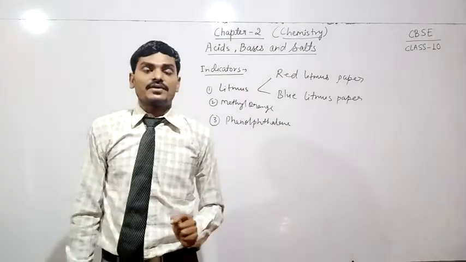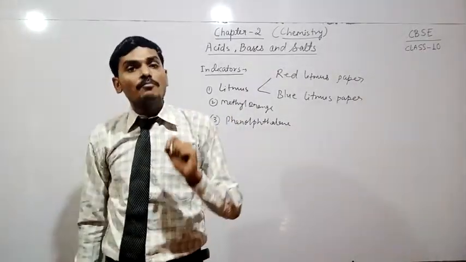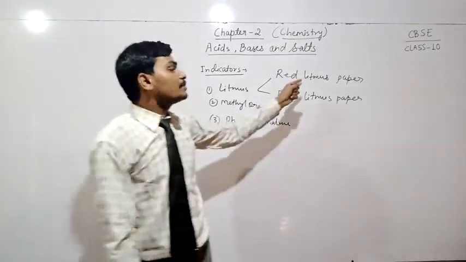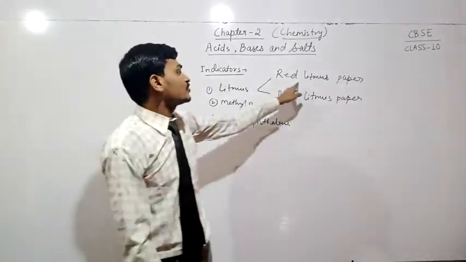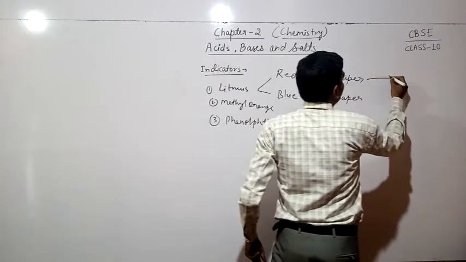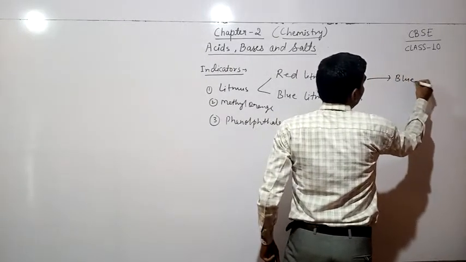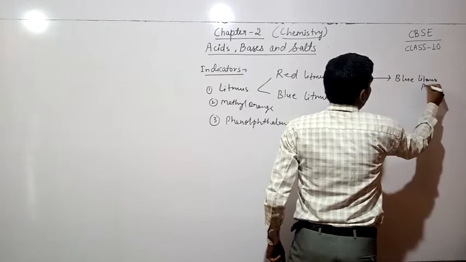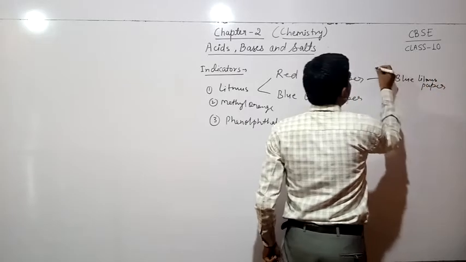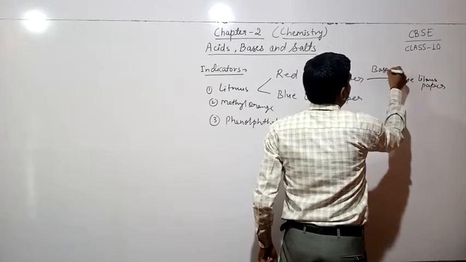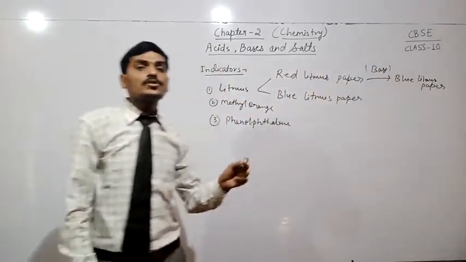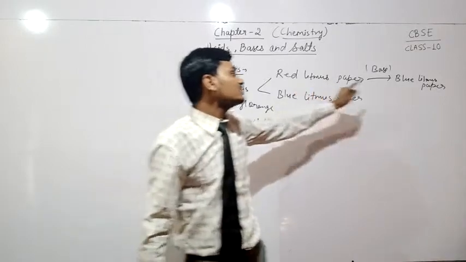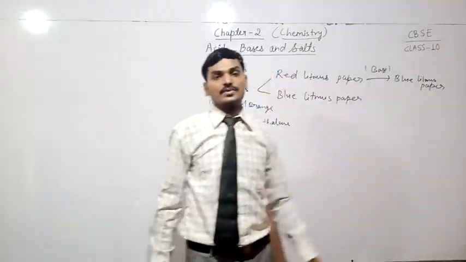Red litmus paper, in the presence of bases, turns blue. That is, if we put any base on the red litmus paper, then it turns into blue litmus paper.